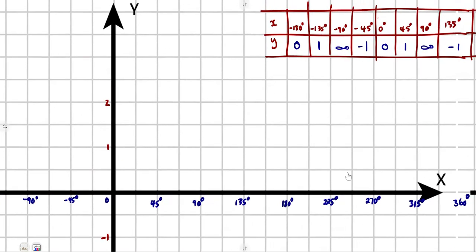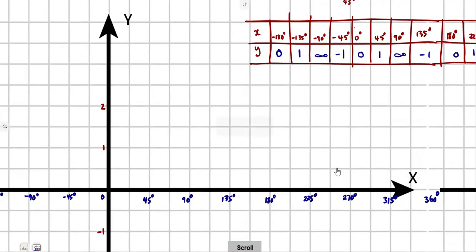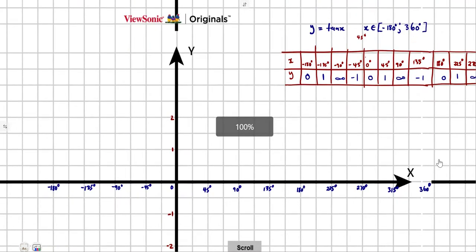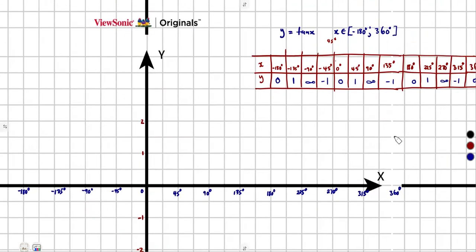So the infinity part, where we do not have values at minus 90, at 90 degrees, at 270 degrees, those will be our asymptotes.